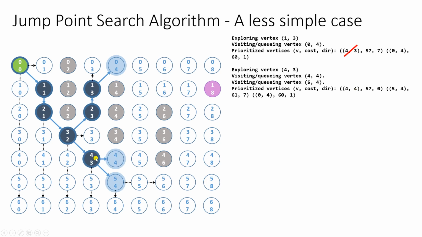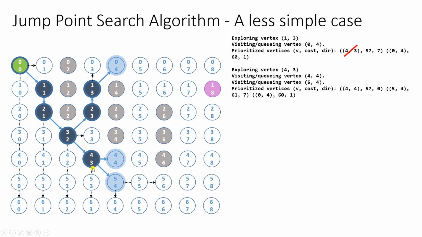Let's explore it. And before continuing, remember, we are always trying to continue our previous direction. Before going diagonally, we're looking below it, and we found nothing interesting. We found a jump point to the right of it, because this vertex 4, 4 is a jump point because it's right next to an obstacle.